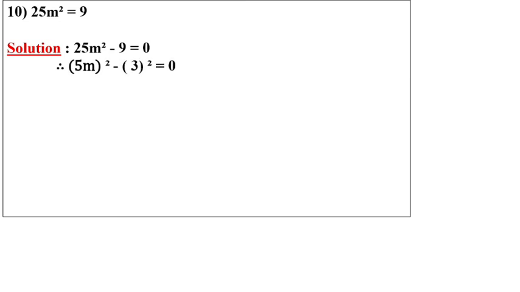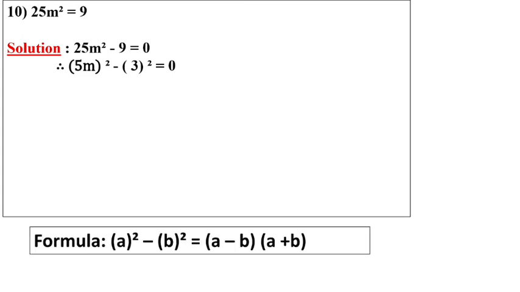Now question number 10 is given: 25m square equal to 9. We'll arrange this. 25m square minus 9 equal to 0. Students, in the lower class you have learned the formula a square minus b square equal to a plus b and a minus b. So 25 is the square of 5 and 9 is the square of 3. So the formula we are going to take is a square minus b square equal to a minus b, a plus b.